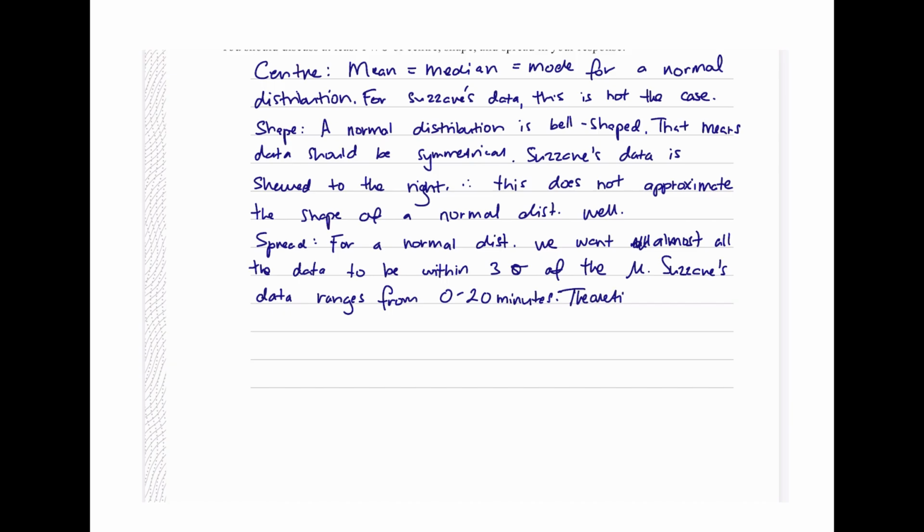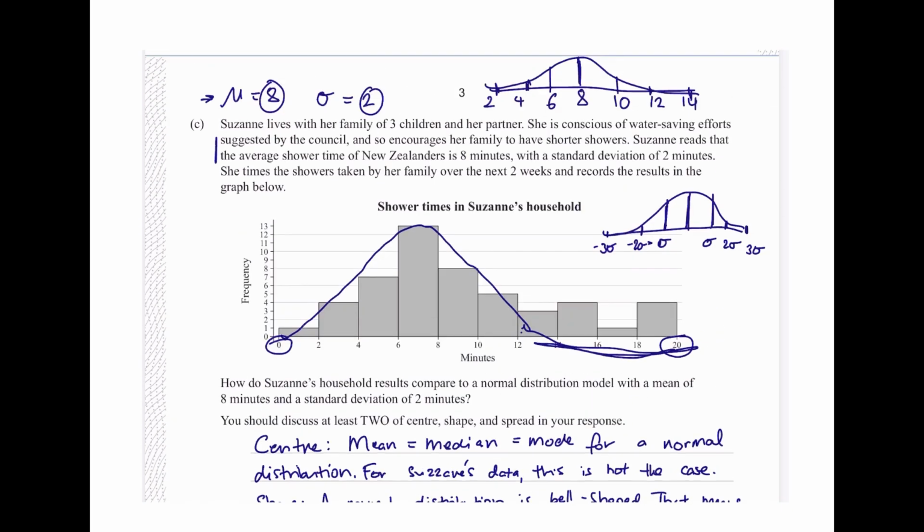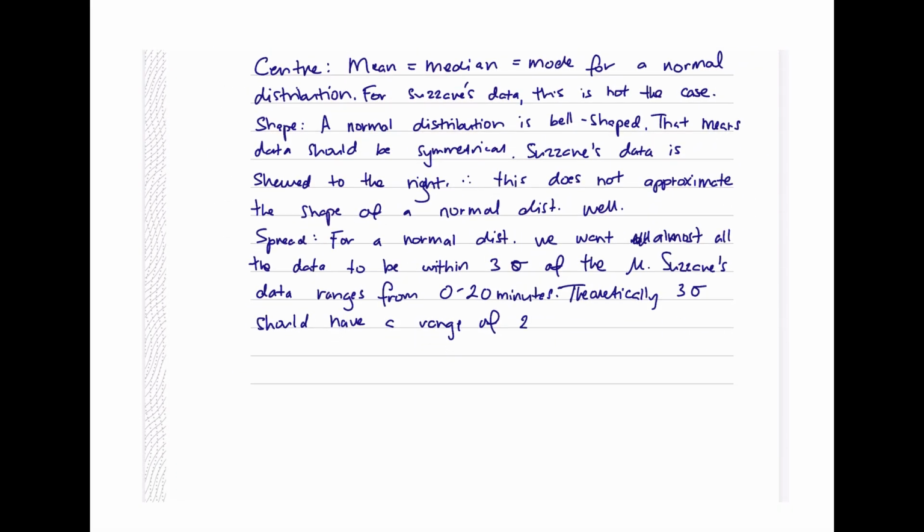Theoretically, 3 standard deviations should have a range of, and what did we say? We said 2 to 14 minutes.